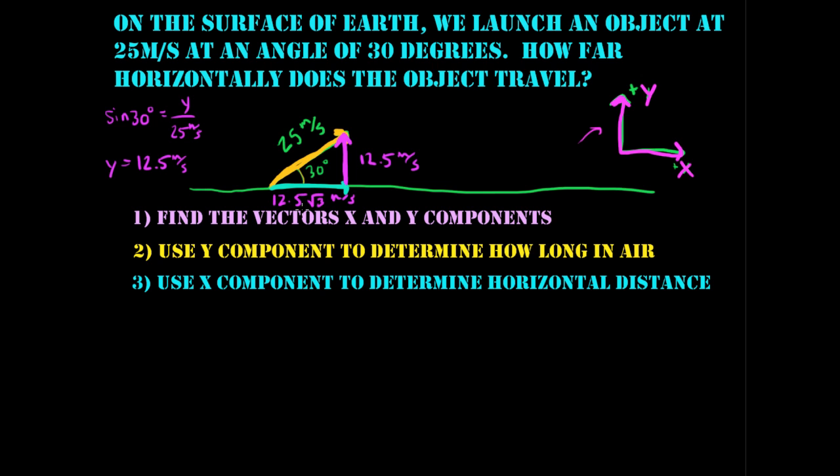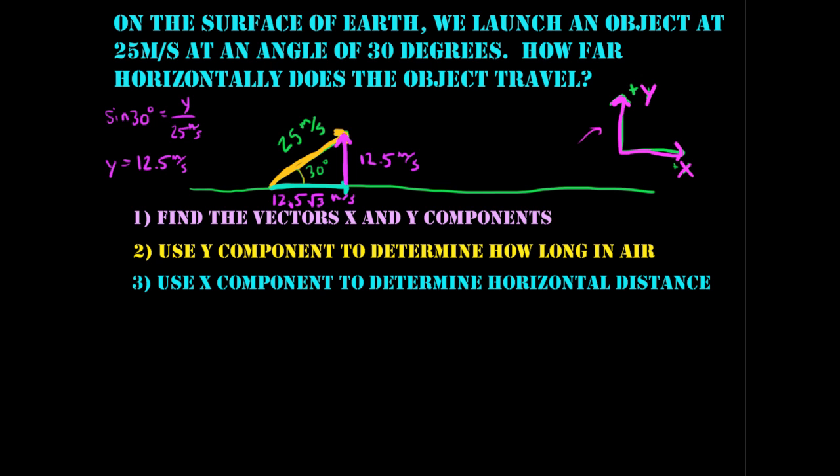If you wanted to multiply it out, the answer would be 21.65 meters per second. That's really not that important. It's actually more accurate as 12.5 times the square root of 3 meters per second. It's not rounded off, it's exact in the sense we have it now.